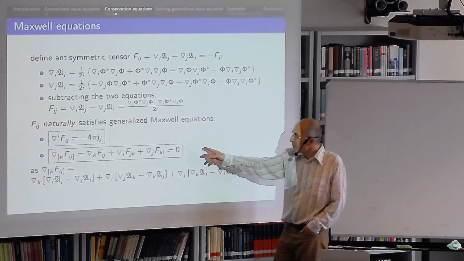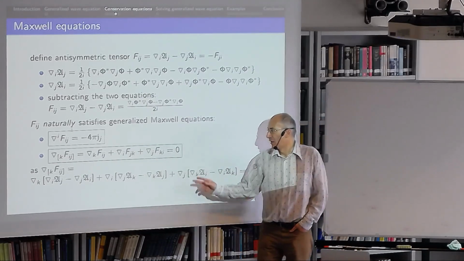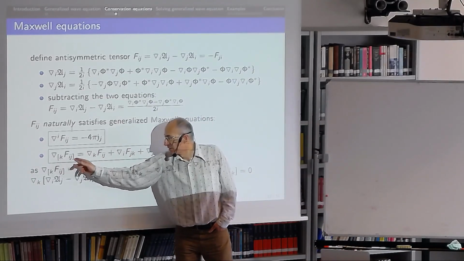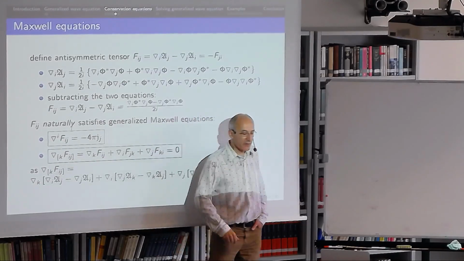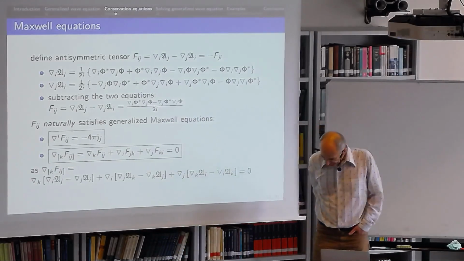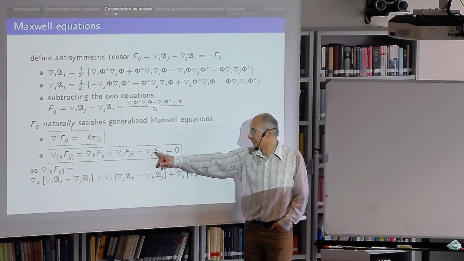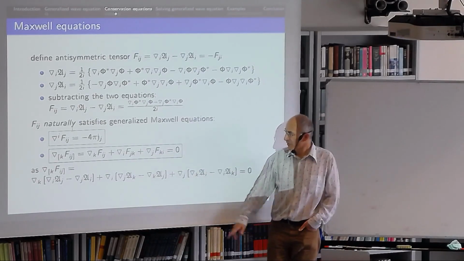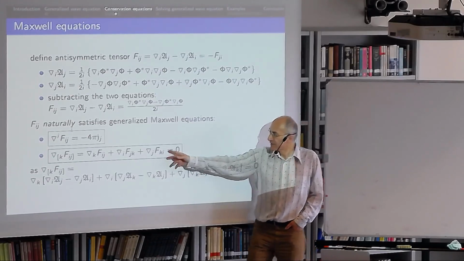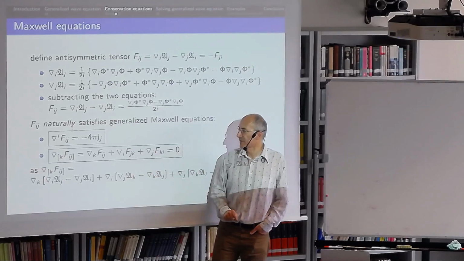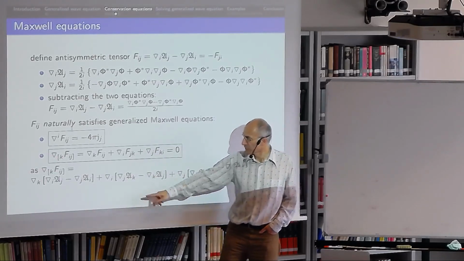And then there is something else. When you look at the definition here, it corresponds to the divergence of a rotational. We know that the divergence of a rotational is 0, so this is just by construction. The second equation comes by construction.